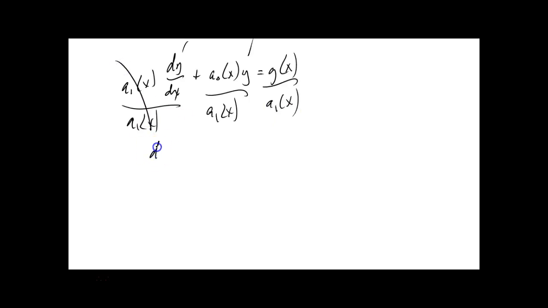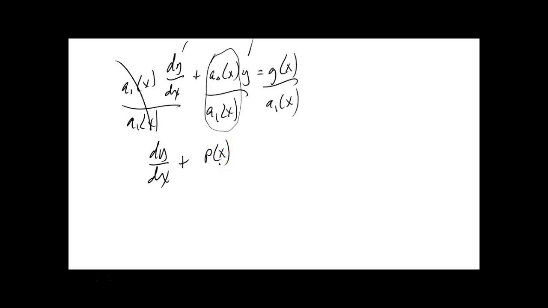So now we have dy dx, and this is what I was just talking about, that you could have that coefficient being a constant, and the constant could be 1. This is the way to get there. Plus, now, these two are functions of x, only of x, so the quotient is a function only of x. We don't like a1 and a0. We're going to give it a new name, p of x.